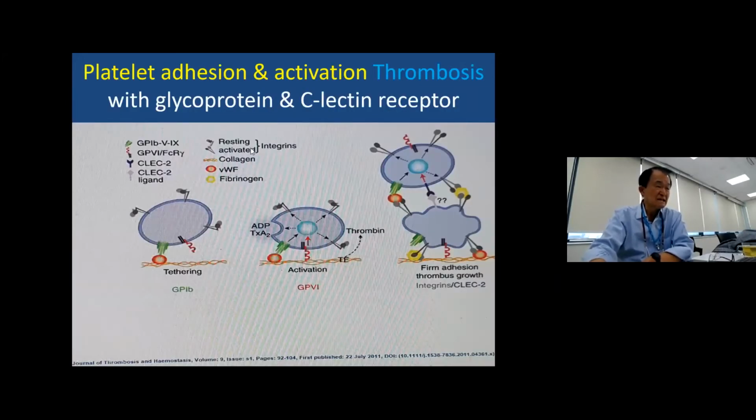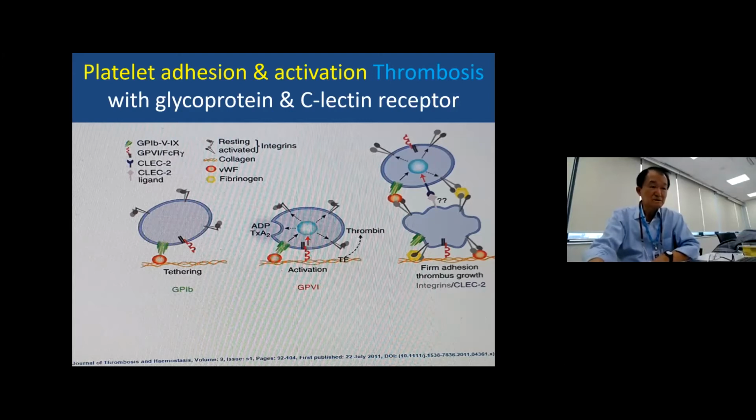And again, glycoprotein 1 and 5 are apparently important in the process of thrombosis. This C-type lectin receptor is also working in thrombosis growth.